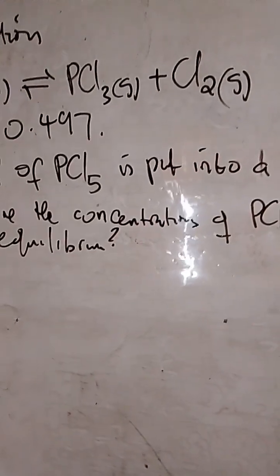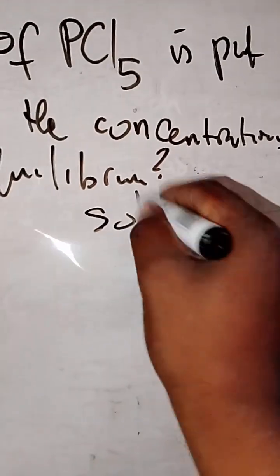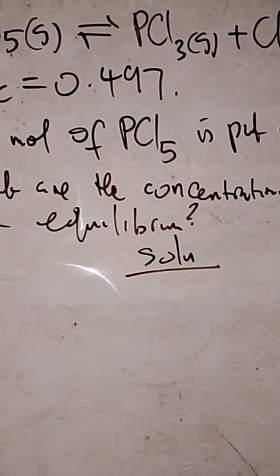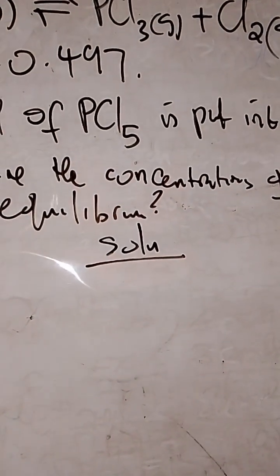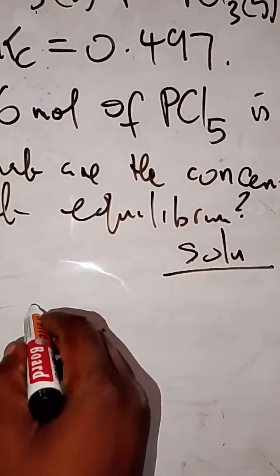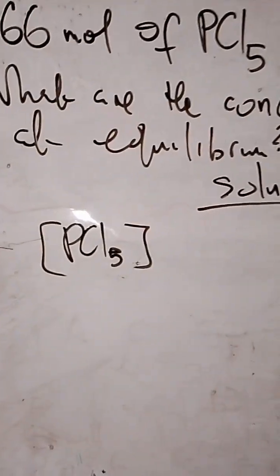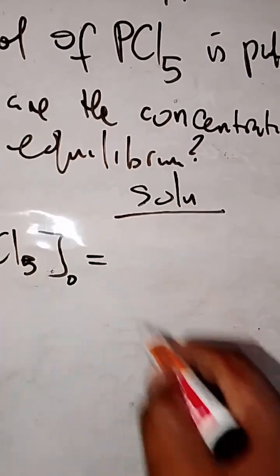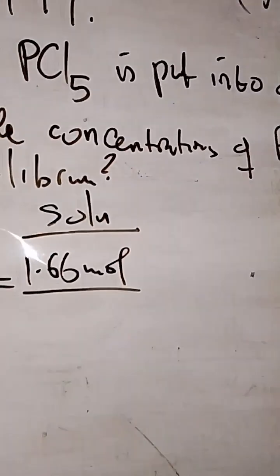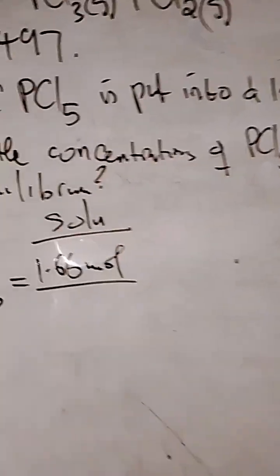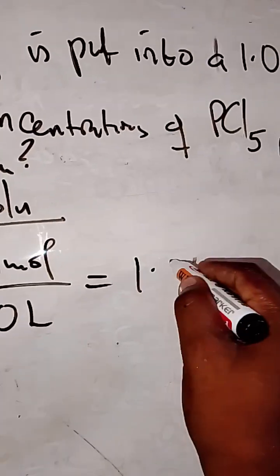Okay, so what we need to do first is to determine the initial concentrations. The initial concentration of PCl5 is equal to the number of moles, 1.66 moles, in a 1 liter container, so it means it is the same.